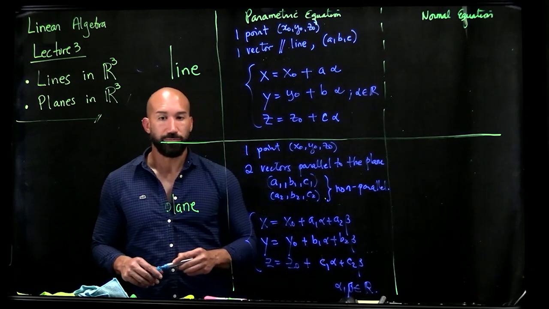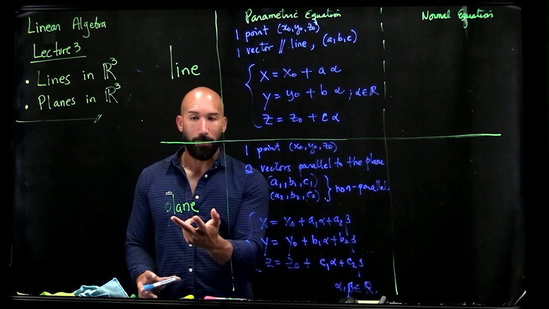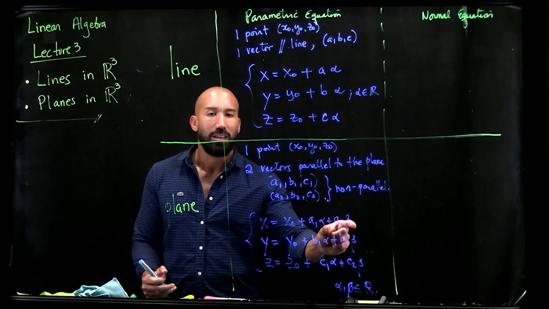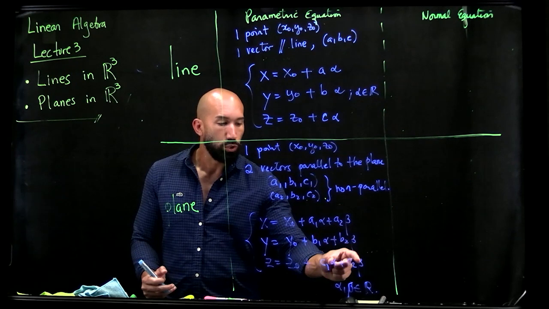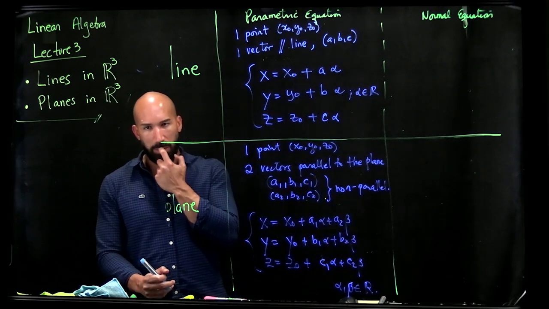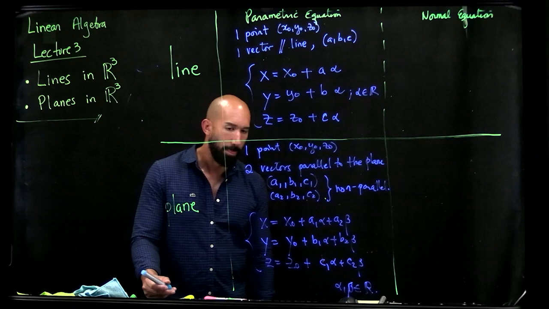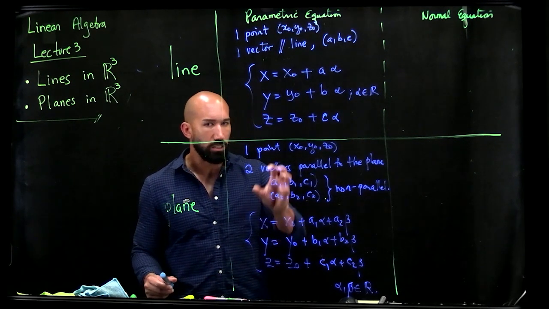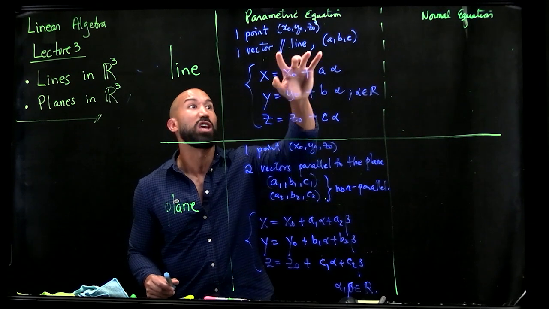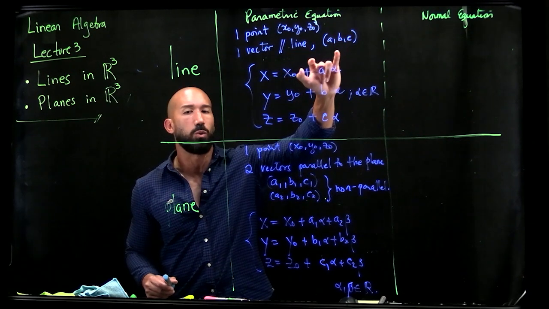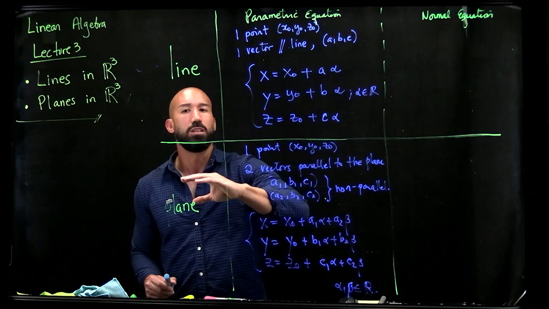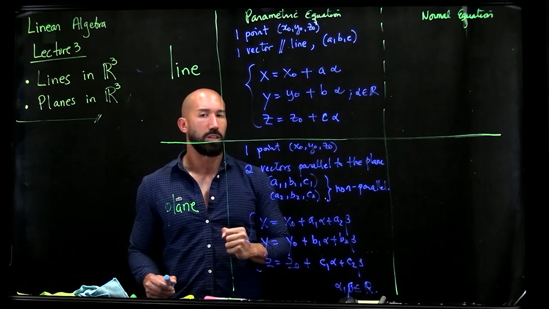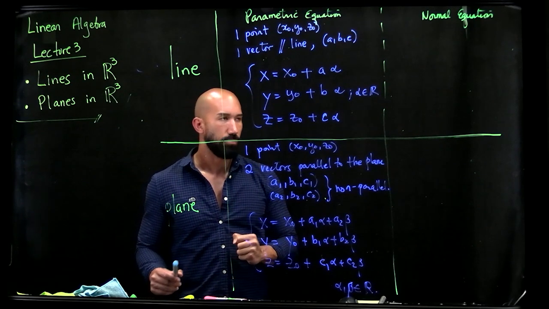Is that okay? So notice that now a plane is a bidimensional object, and we are using 2 independent parameters here to describe that plane. Is that okay? So again, as a general idea, the number of parameters that we are using or the number of parallel vectors that we need is equal to the dimension of the object that we are describing. Is that okay?